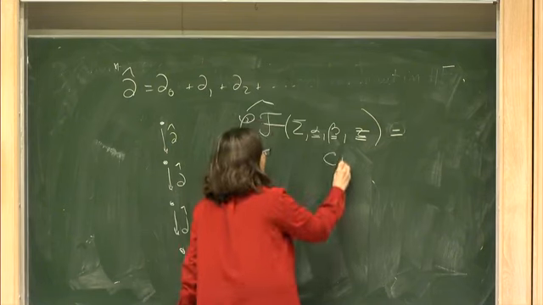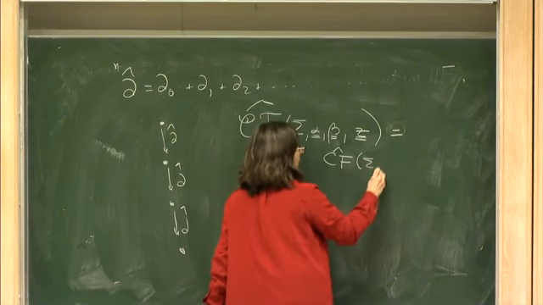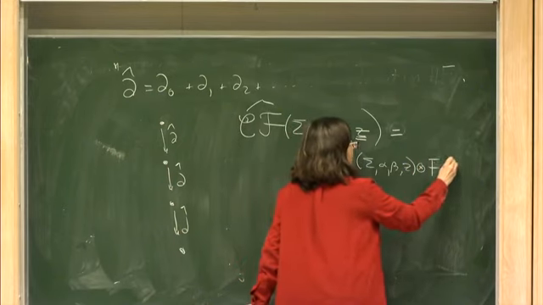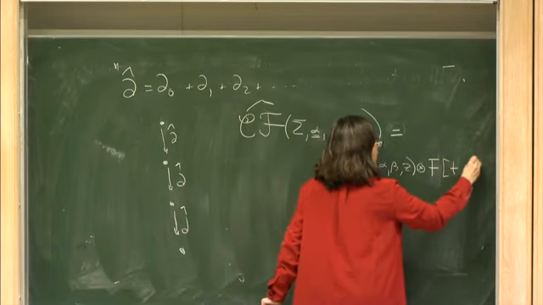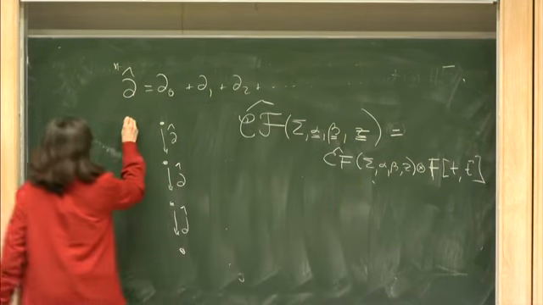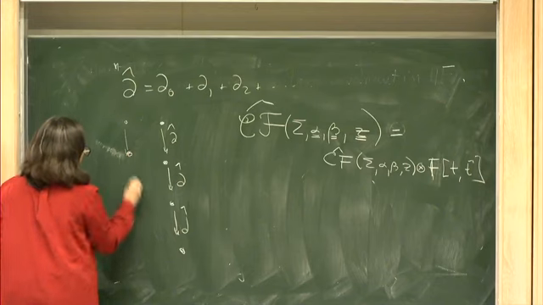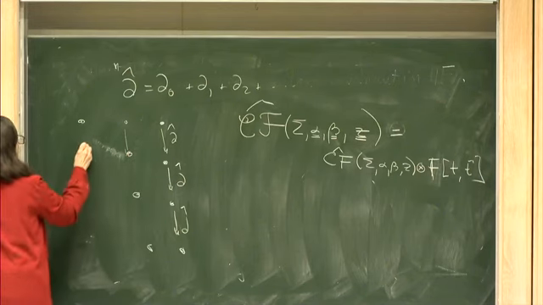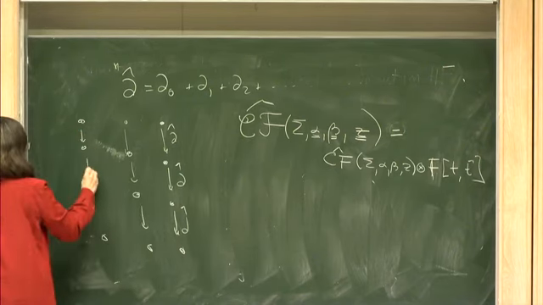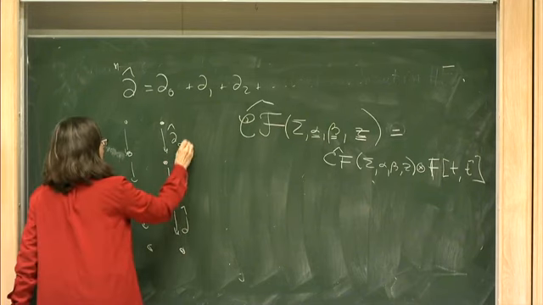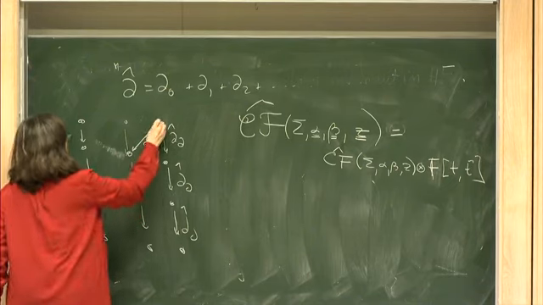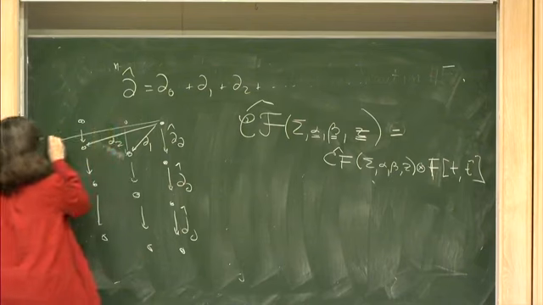This is CF hat of sigma, alpha, beta, z, tensored with F[t, t^-1]. So basically what we have are infinitely many copies of this original chain complex, except now in the vertical direction we just think about delta 0, and then delta 1, and delta 2, and so on.